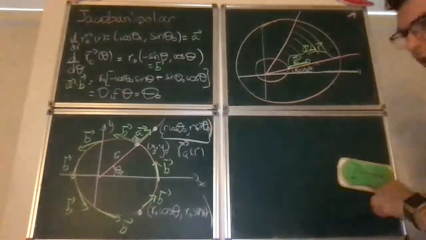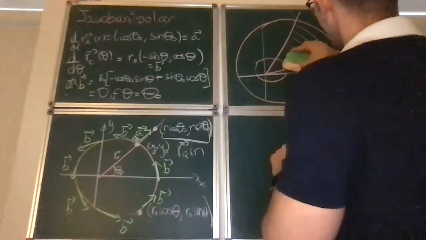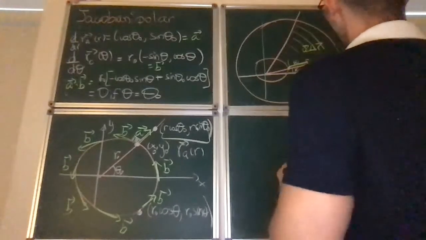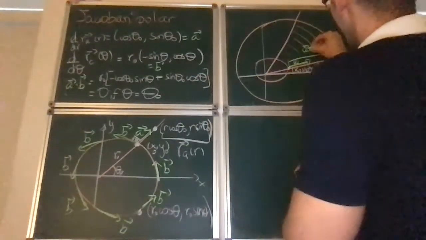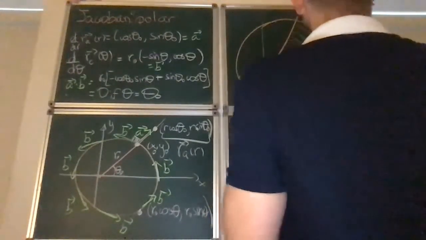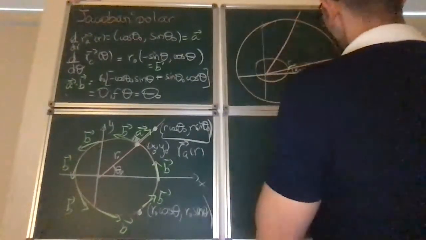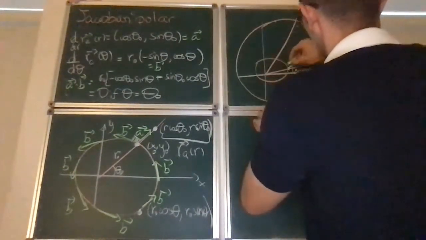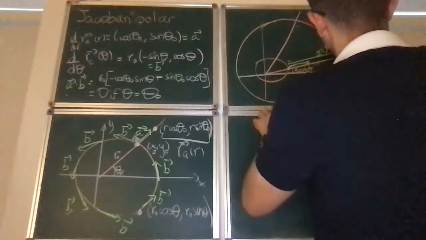Okay, and so you end up with this larger vector, which is a times delta r. Let's put it here so that it's closer to the, here it is, a times delta r.